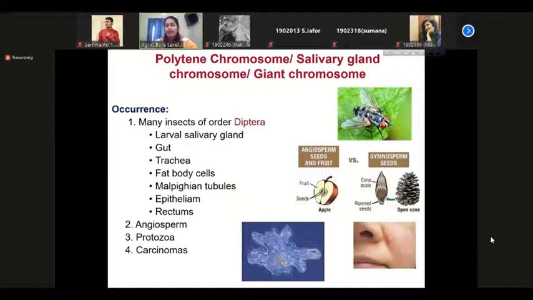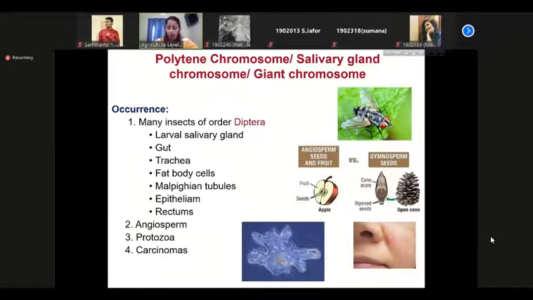When an insect has two wings, it is called Diptera. The fly has two wings. This group of insects is called Diptera. The salivary gland, gut, trachea, fat body cells, Malpighian tubules, epithelium and rectum: these organs have this salivary, polytene or giant chromosome.